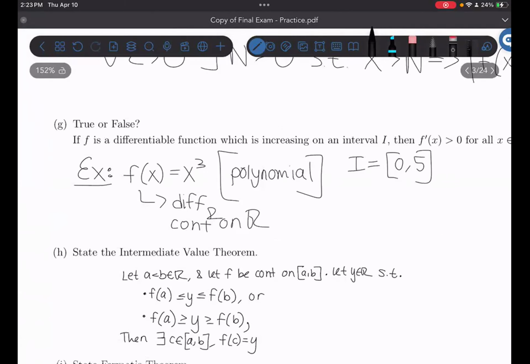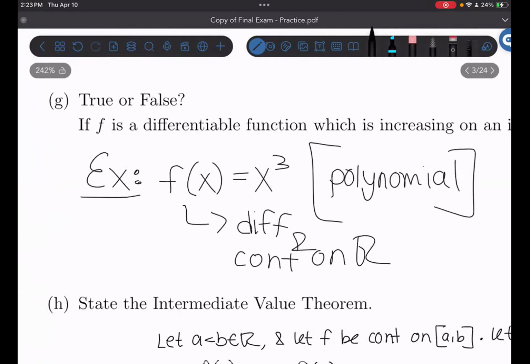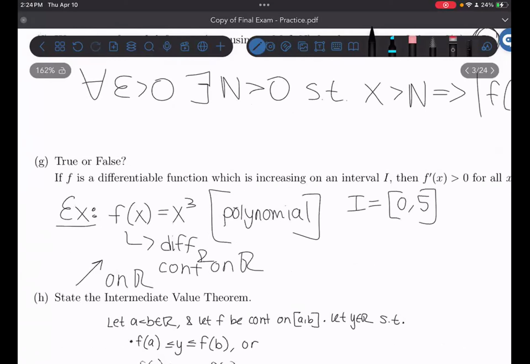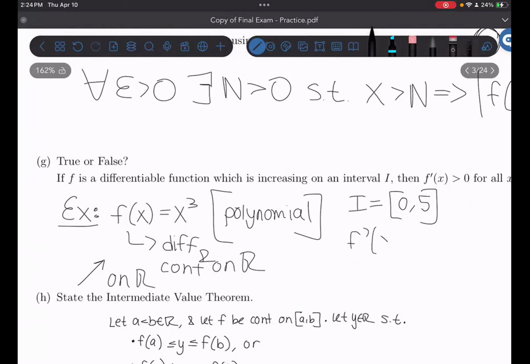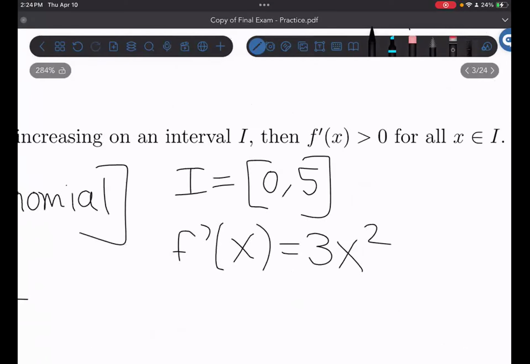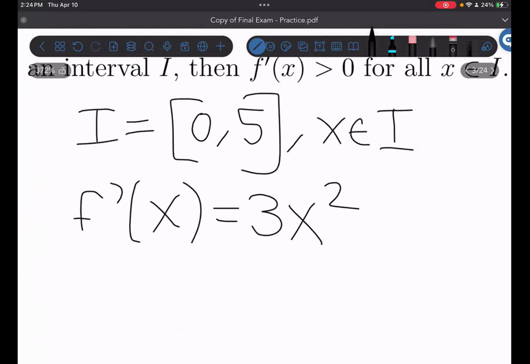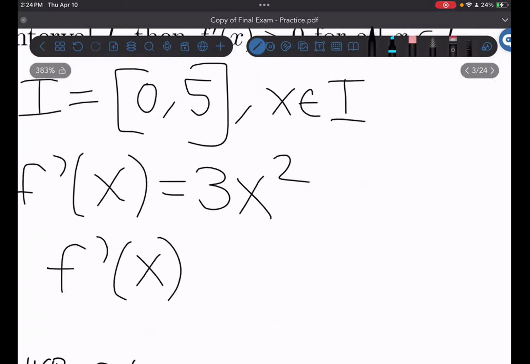And we also know that this function is increasing on the real numbers, because it's cubic, so it'll be increasing everywhere. If I take the derivative of f of x, so f prime of x, that would give me 3x squared, right? And since my x belongs to I, I know that this derivative would be positive for all x belonging to I.